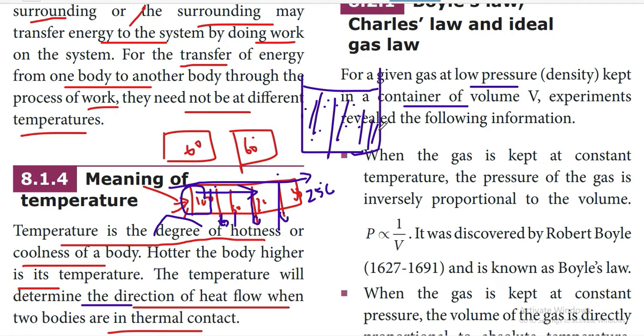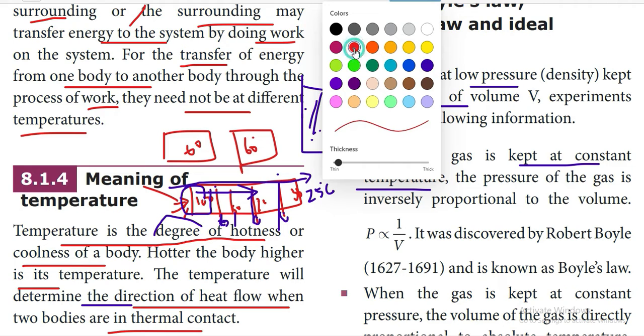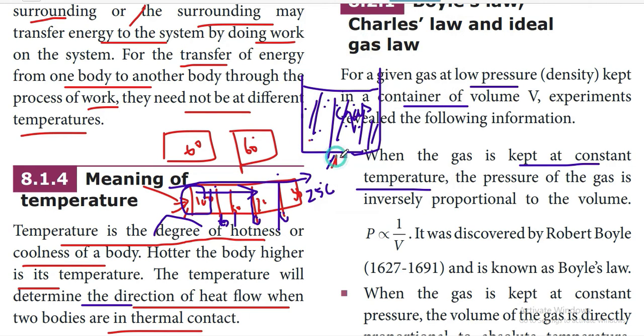When a gas is kept at constant temperature, the pressure of the gas is inversely proportional to volume. What this means is, say for example we are heating it here and keeping it at 80 degrees Celsius.